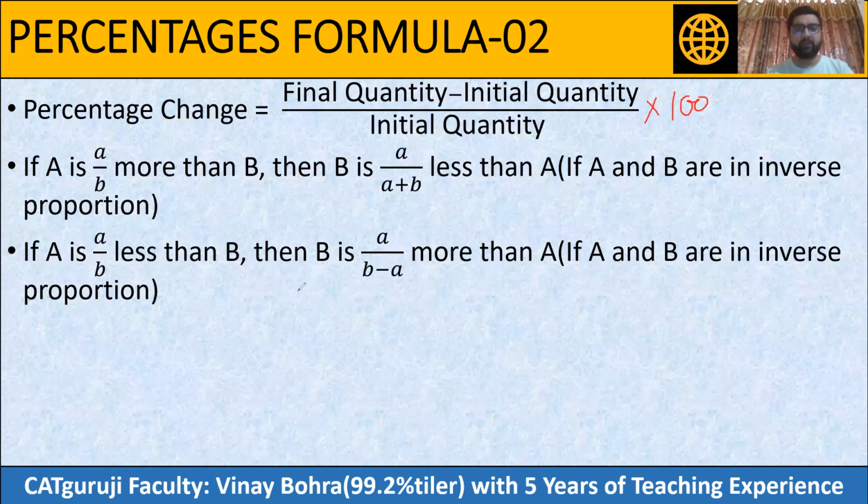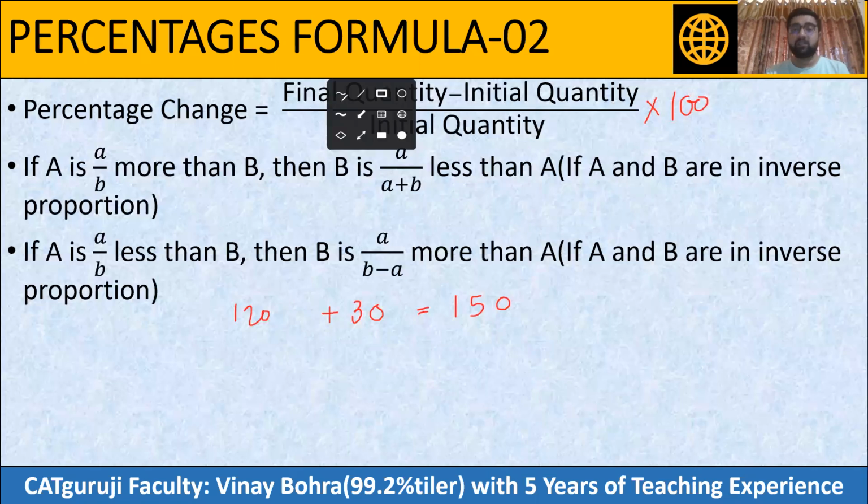Now let me take an example here. Let's suppose you have 120 rupees with you. One day someone comes and gives you 30 rupees. So now in total you have 150 rupees. So your amount is increased by 30 rupees with respect to 120.